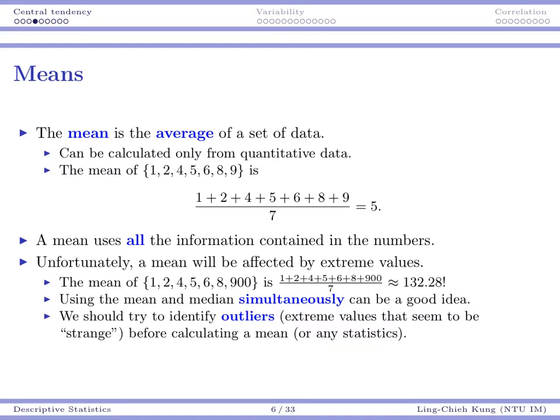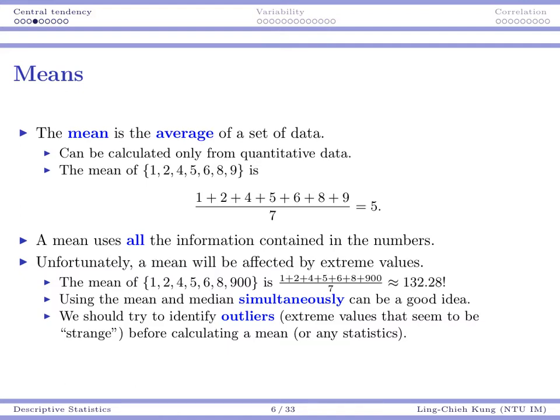So we cannot say whether mean or median is better than the other. In most cases, we would suggest that if possible, present both values simultaneously to describe a set of data. That would make our description much more precise and complete.